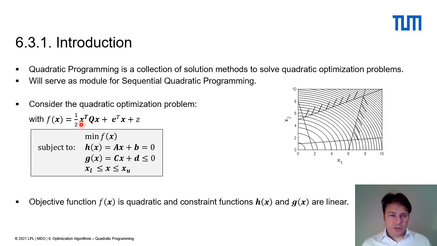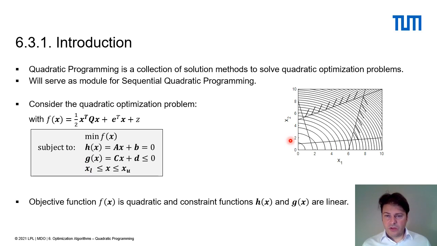So the most general quadratic optimization problem can be written like this. You take some Q matrix, which is quadratic, it doesn't have to be symmetric necessarily, and multiply it twice by the design vector, plus a constant vector times x, plus a constant z, and you subject it to linear equality and inequality constraints and some bounds on your design space.